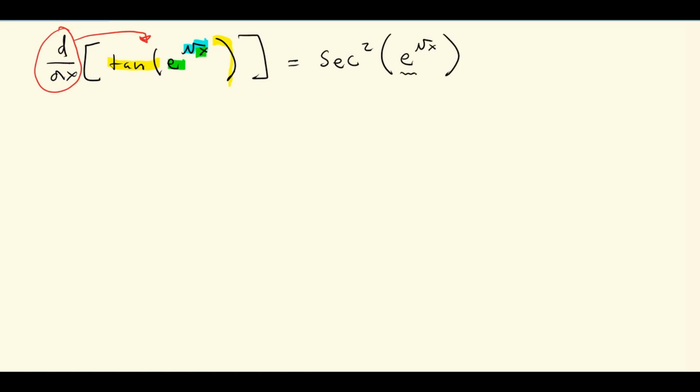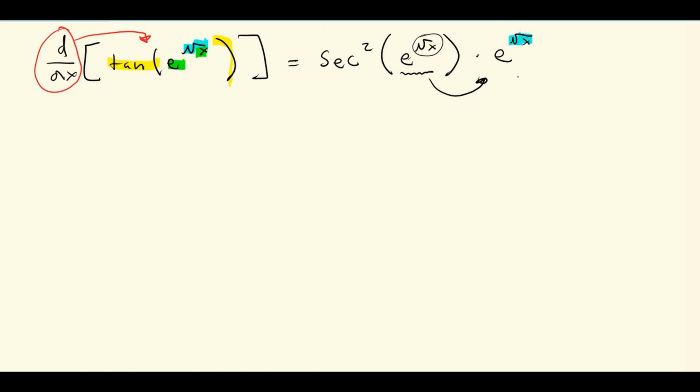But then we have to multiply by the next layer. And the next layer is e to a power of something. And we know that the derivative of e to the x is just e to the x. So we get e to the square root of x. And then finally we have one last layer, that's the square root of x.